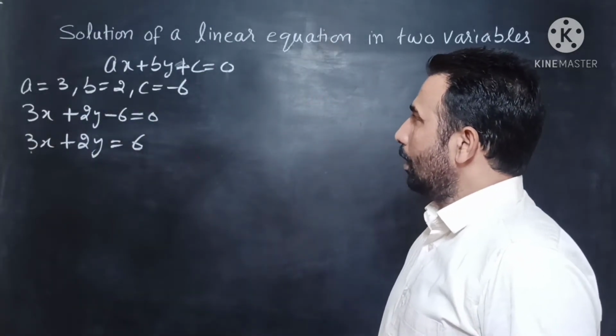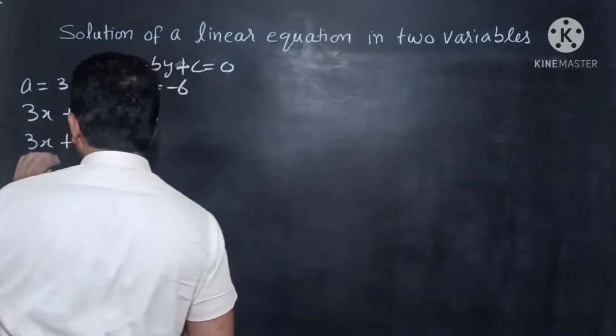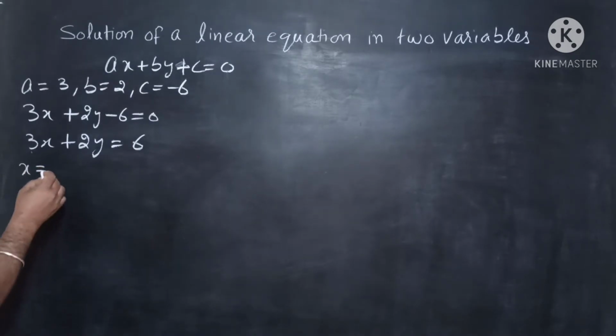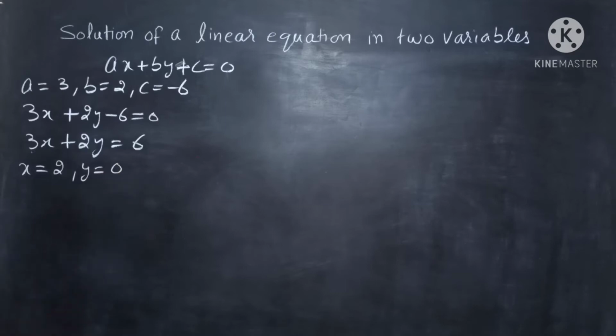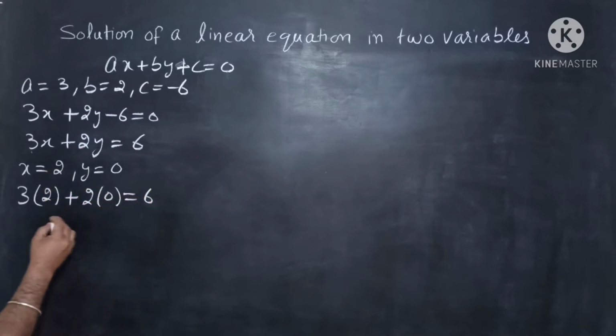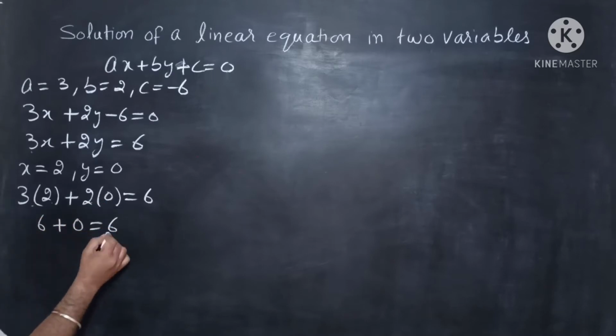Now the question is, what is the solution? Suppose I fill in two values: the value of x is 2 and the value of y is 0. So what do I get? 3 times 2 plus 2 times 0 equal to 6. 3 twos are 6, 2 multiplied by 0 is 0, so 6 equal to 6.